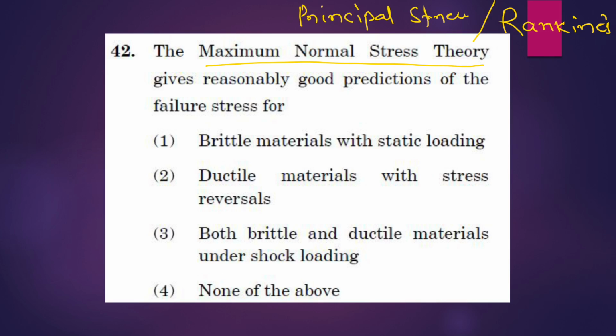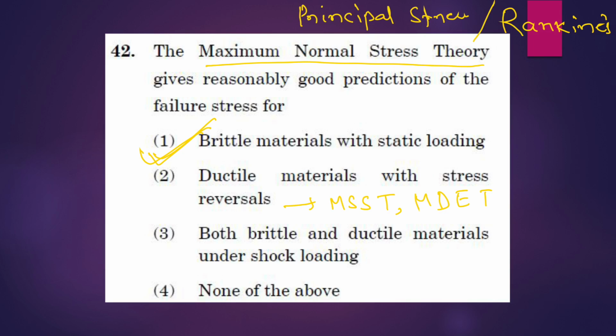It's good for brittle materials. For ductile material it is maximum shear stress theory, or MDET also, maximum distortion energy theory. Then this is your answer. Maximum normal stress theory, brittle materials with static loading.